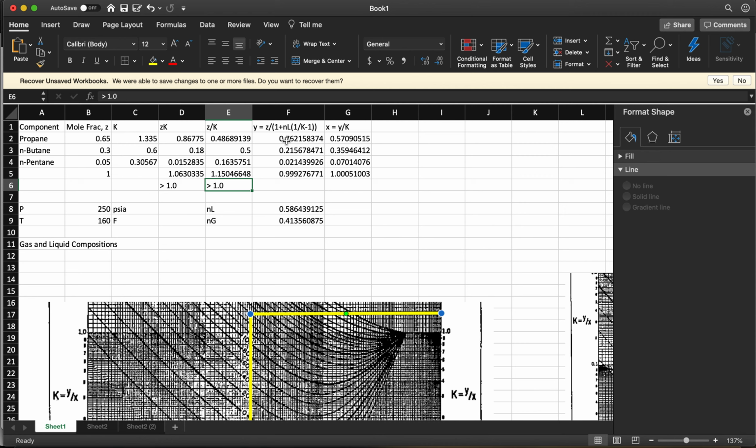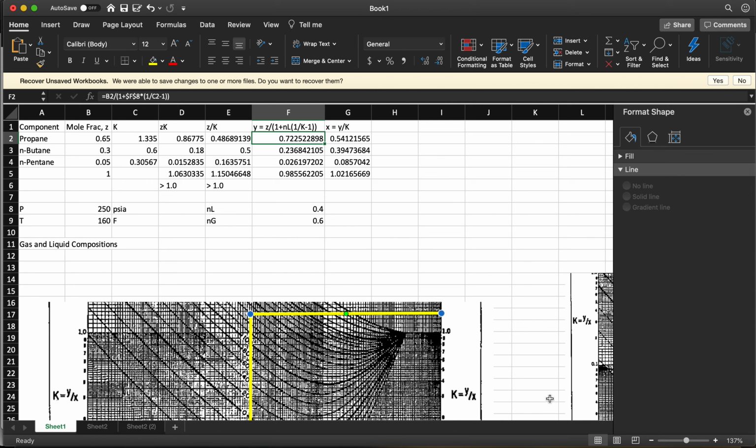Now we need to calculate the phase split. That requires you to guess a value. So for this one, just so I can show you how it works, let's guess a value of 0.4, which is not correct. So we need to calculate, and this is the formula: Z divided by 1 plus N_L times (K minus 1).